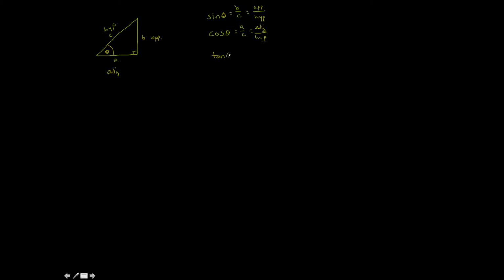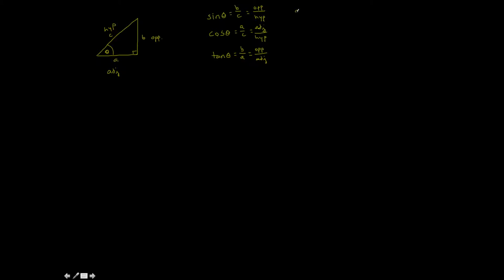And the tangent of theta is going to be B over A, which equals the opposite side over the adjacent side. So the way we remember this, Oscar, if you look O over H, A over H, O over A, Oscar had a heap of apples, if you remember that from your high school geometry class.